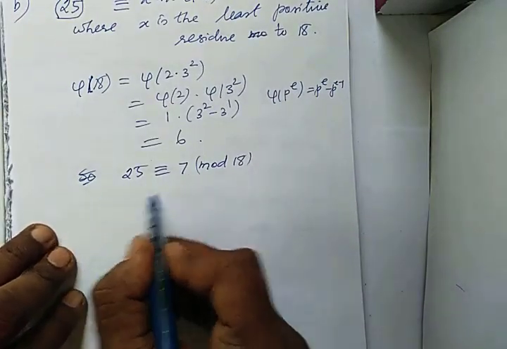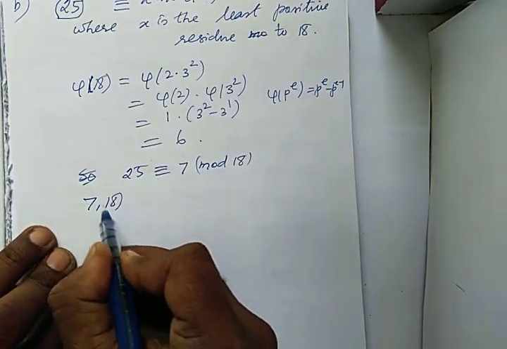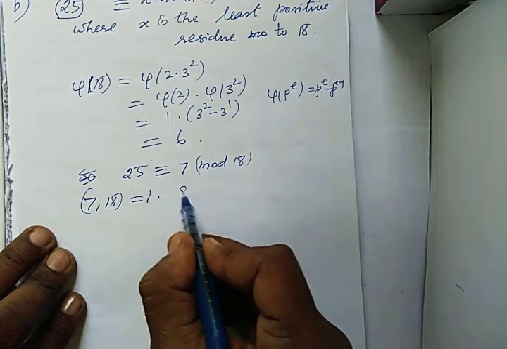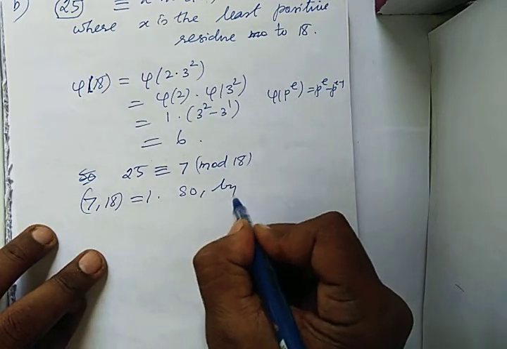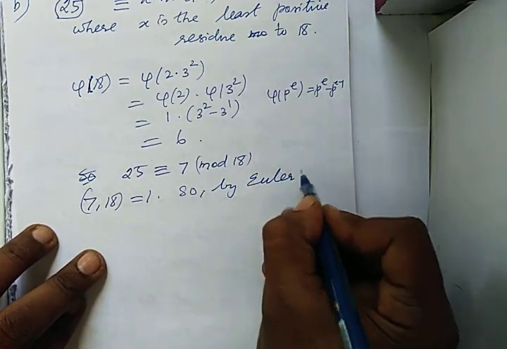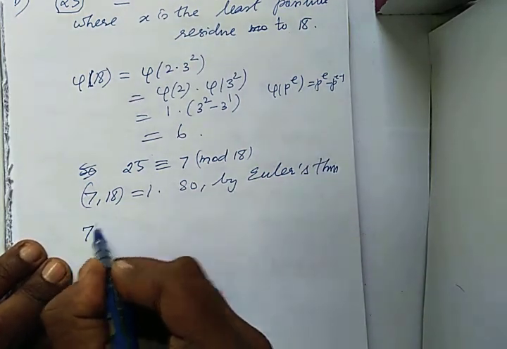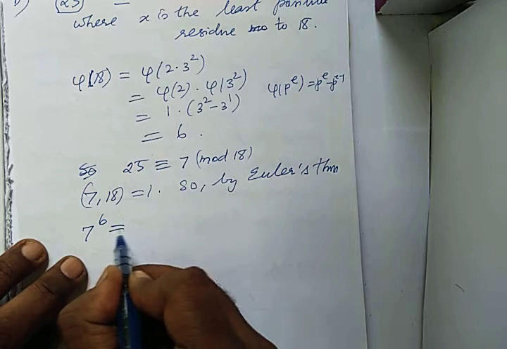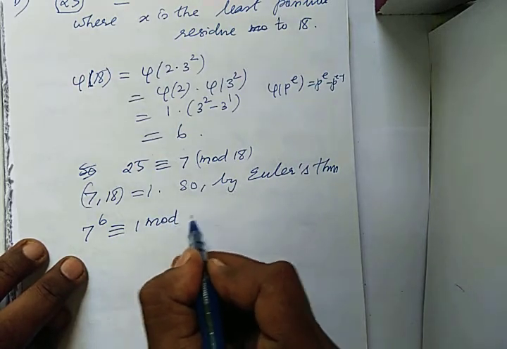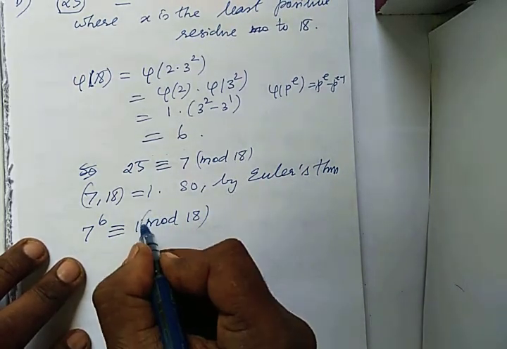So also see, this 7 is relatively prime to 18. Now by Euler's theorem, 7 to the power 6 is congruent to 1 mod 18.